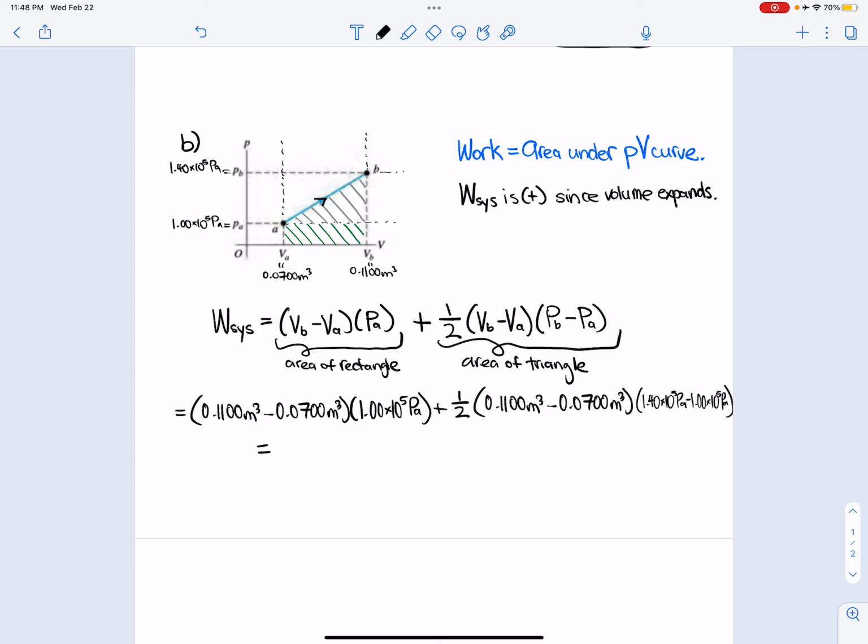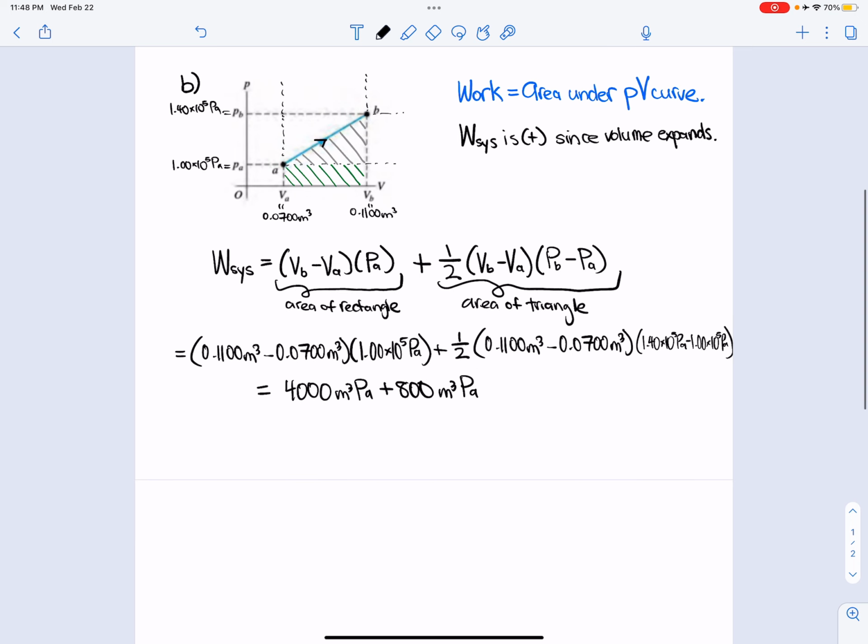4,000 meters cubed times Pascal plus 800 meters cubed times Pascal, which actually, meters cubed times Pascal is equal to joules, right?